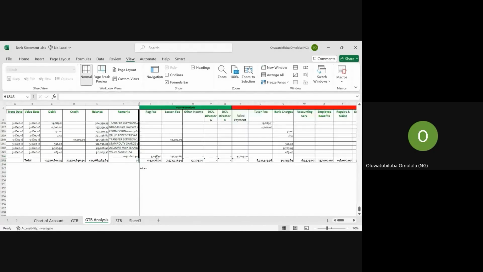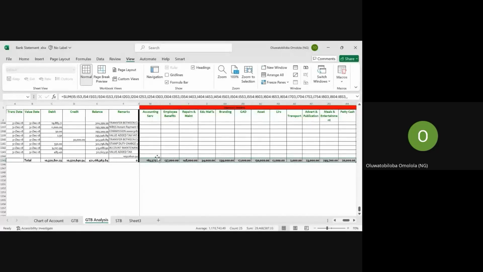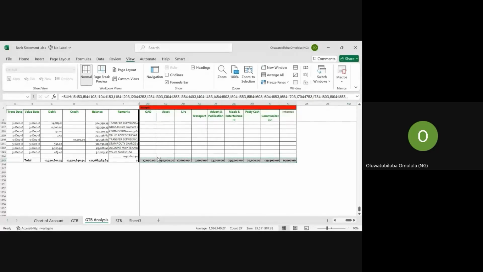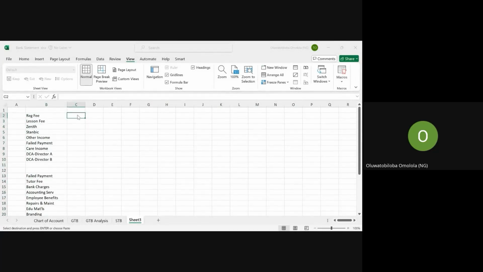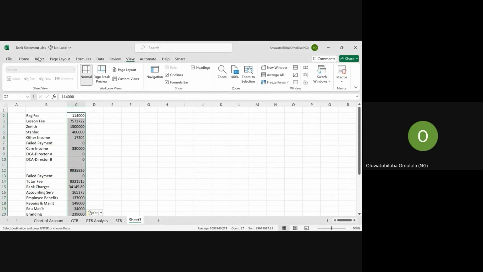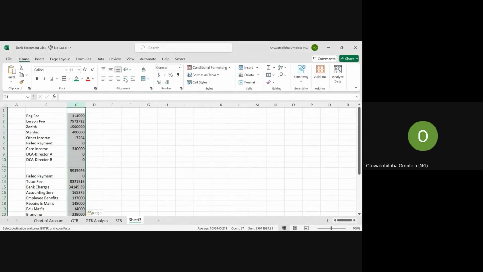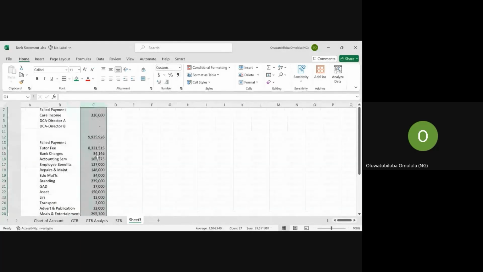So if I copy my totals, I will now come to the side and do the same thing. I'll paste it, Control V. I'll paste as values and also do what? I'll also transpose. Do a little bit of formatting just to make it look okay.